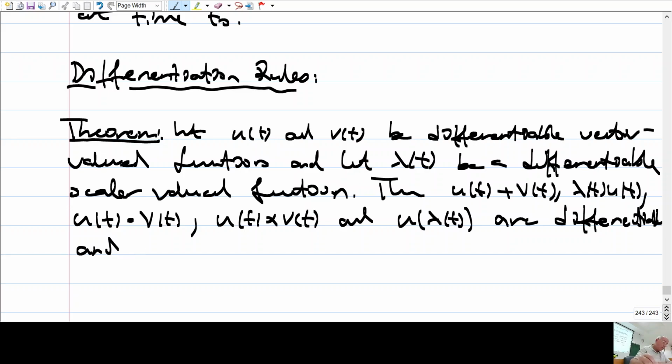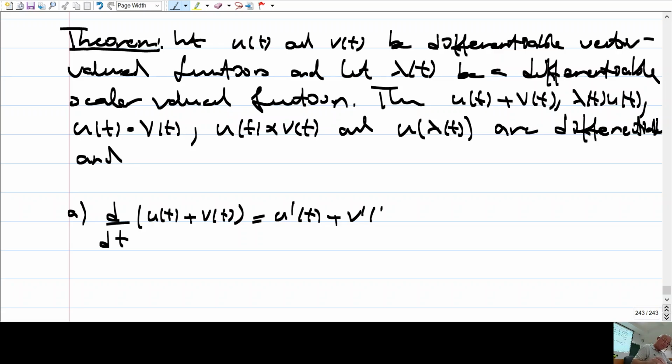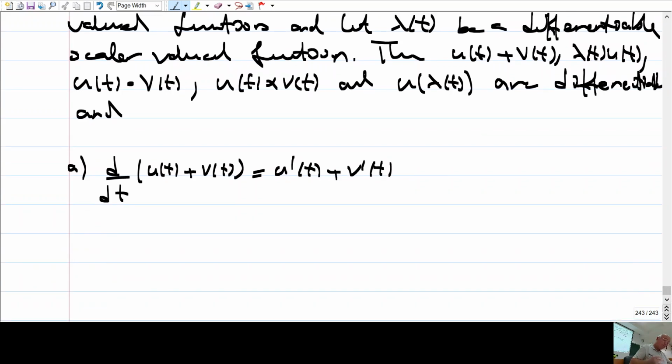and we have the following rules for the derivatives, namely derivative of the sum of two vector valued functions. This is just u prime(t) plus v prime(t), as usual. d over dt of lambda(t) times u(t).